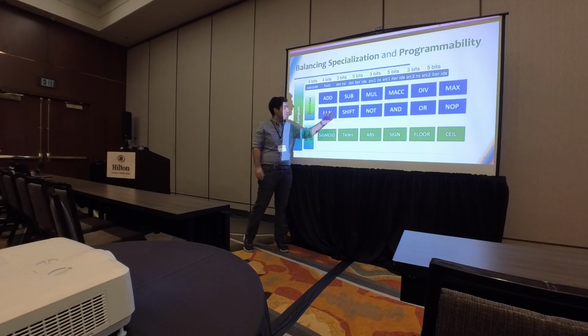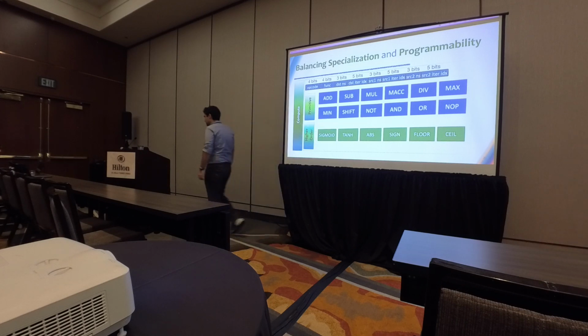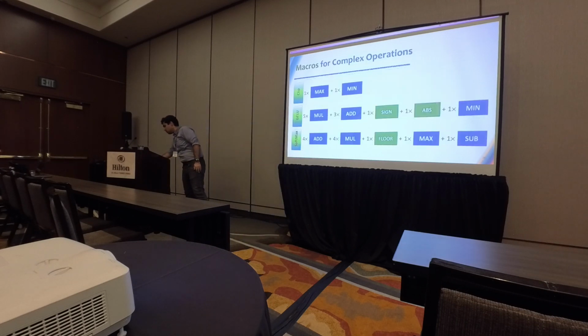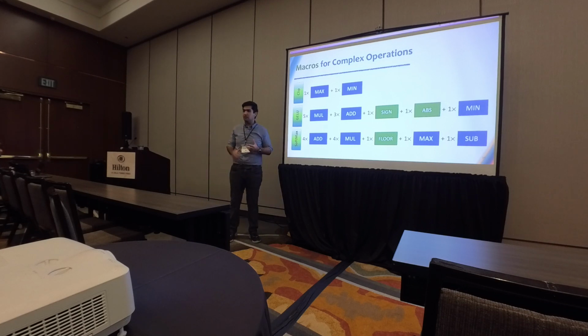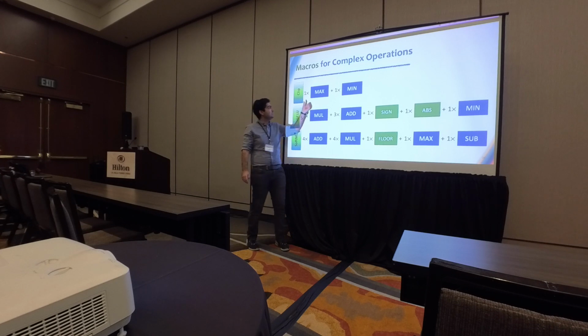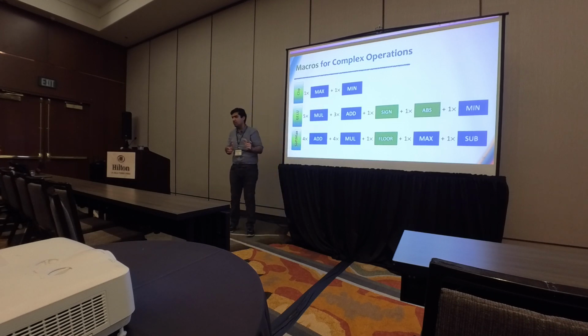These are more complex, similar to the primitive operations. To support more complex operations, we use macros. Let's say you want to support clip, which is an activation function. It can be supported with a max and a min, so it's a combination of primitive and higher order operations.